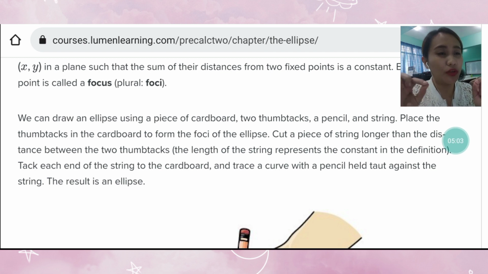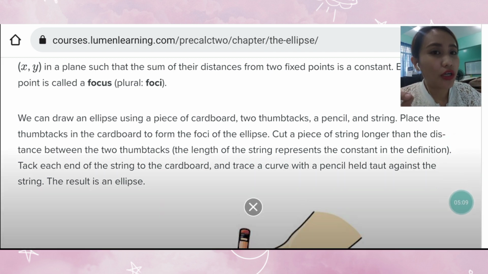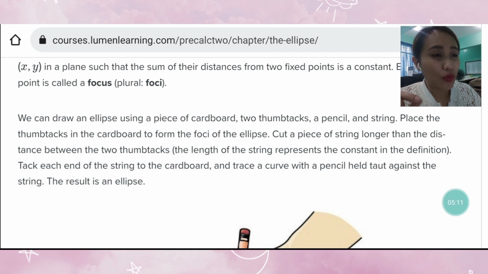One focus here, the other focus there. Then you cut a piece of string longer than the distance between the two thumbtacks. Make sure that the string is longer than the distance between the two thumbtacks. The length of the string represents the constant in the definition.